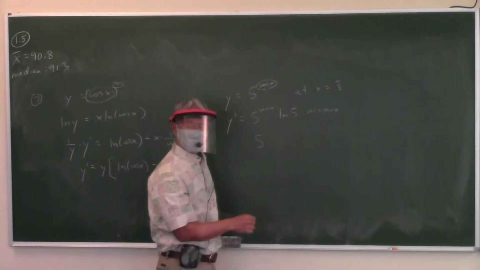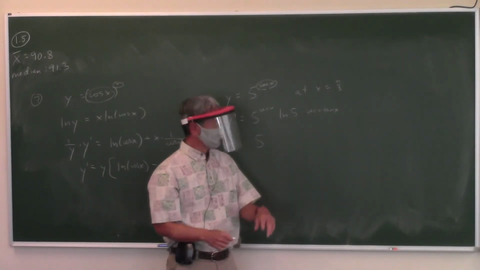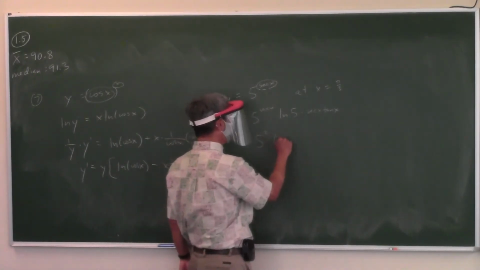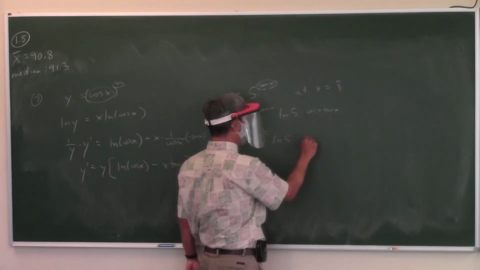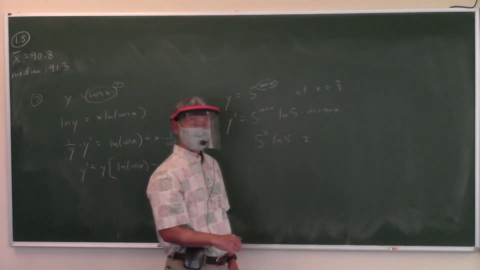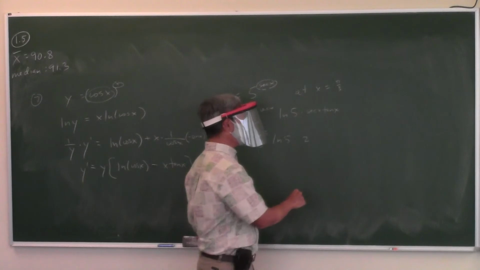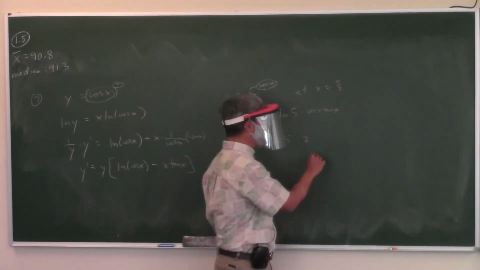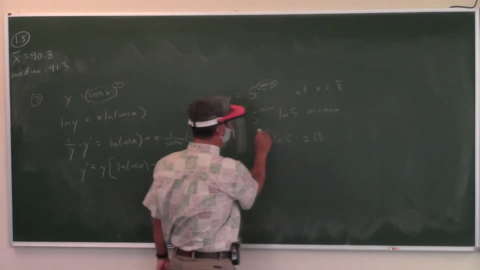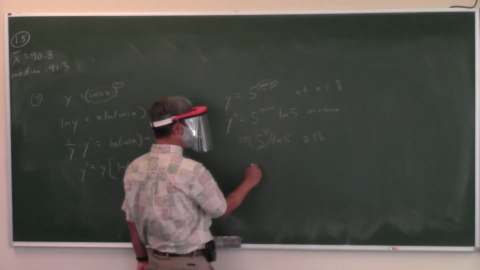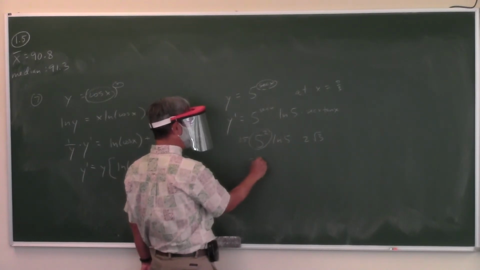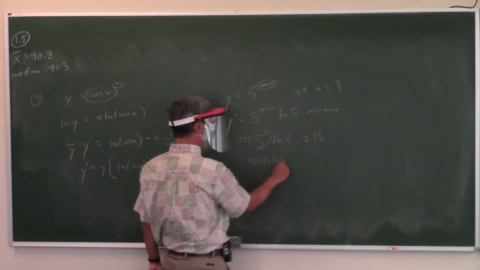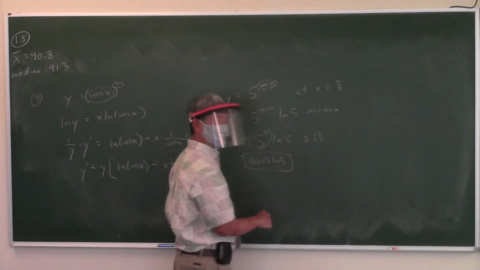What is the secant of pi over 3? 2. And what is tangent of pi over 3? Root 3. So that's 25. Final answer: 50 root 3 natural log 5. Ka-ching!